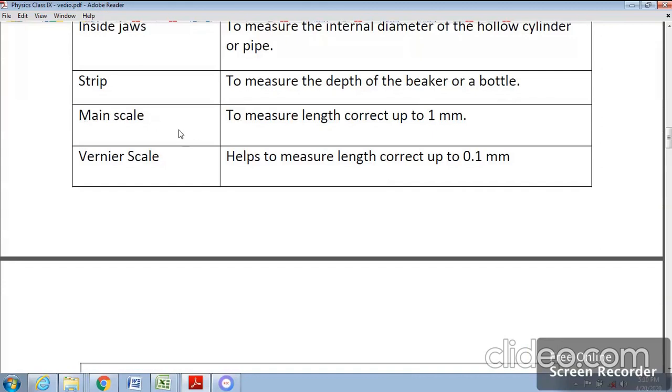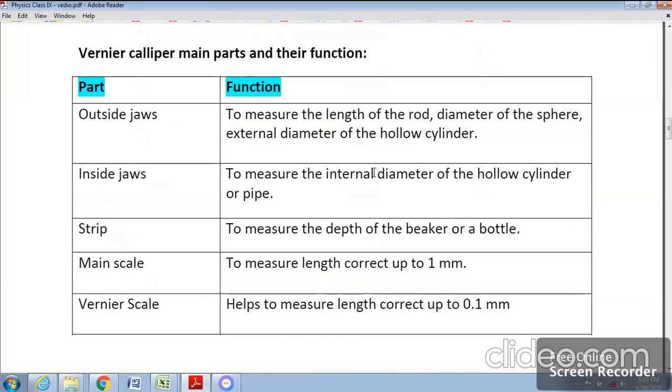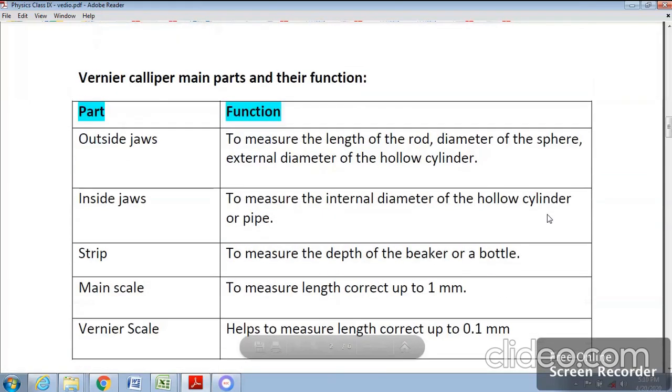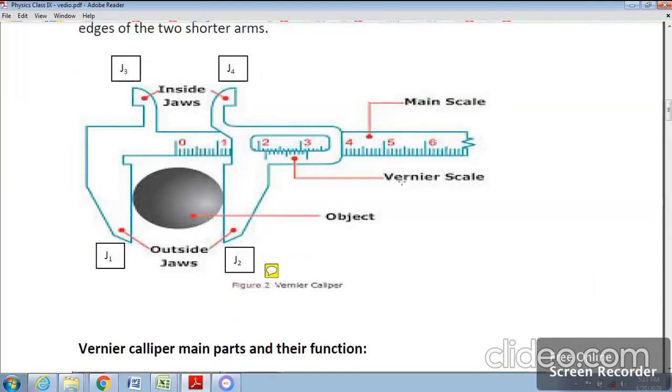Next is the main scale. The main scale is the fixed scale. The function of the main scale is to measure the length correct up to 1 mm. Next is the vernier scale, which is the movable scale, and it helps to measure the length correct up to 0.1 mm or 0.01 centimeter.